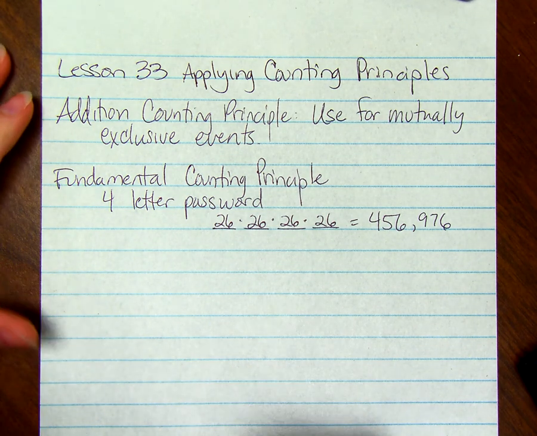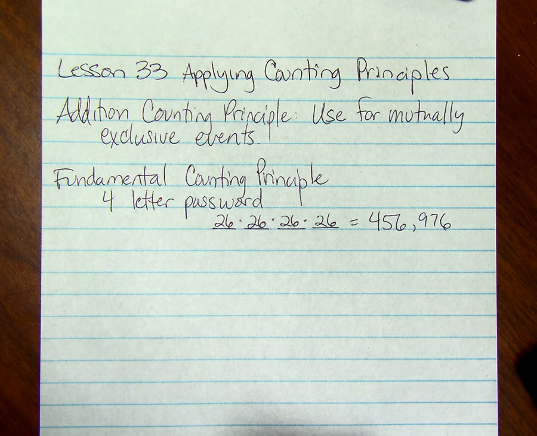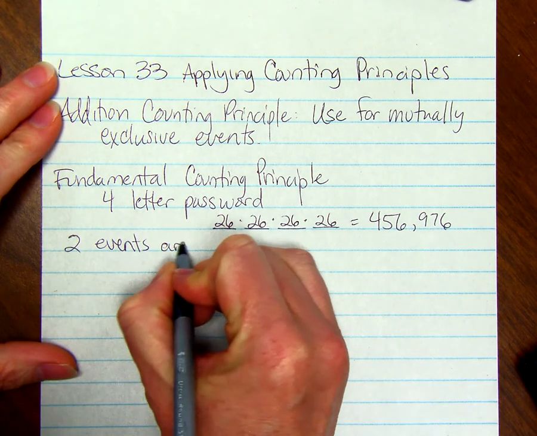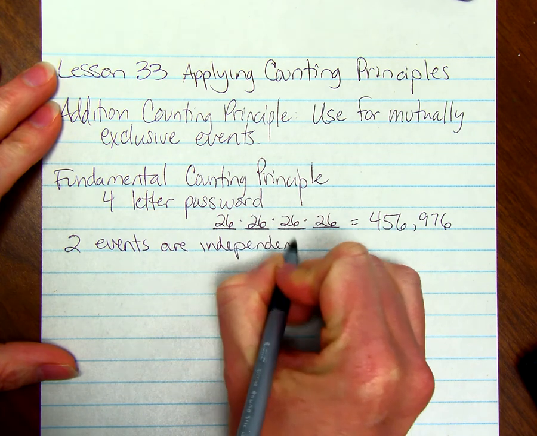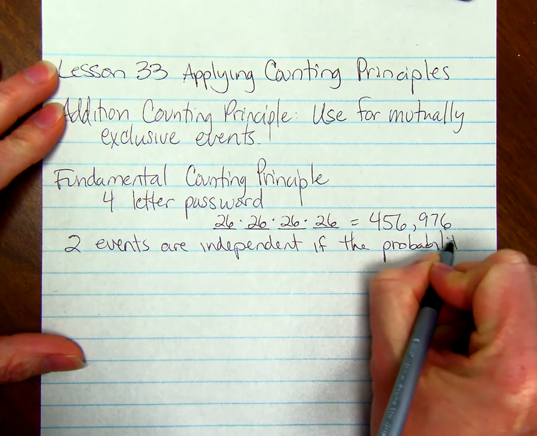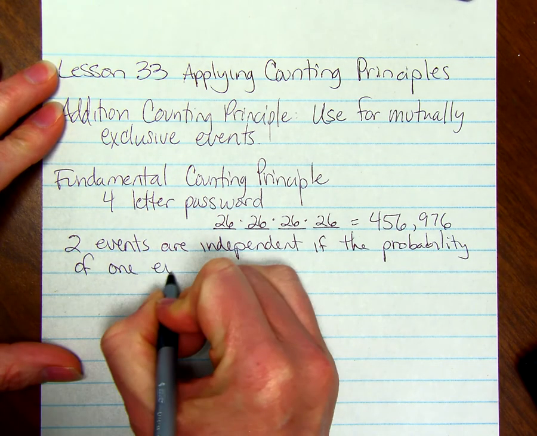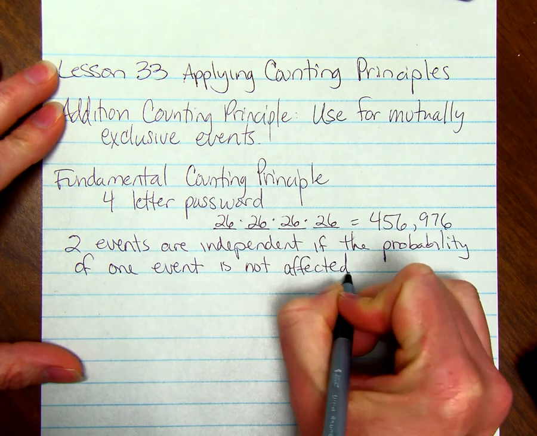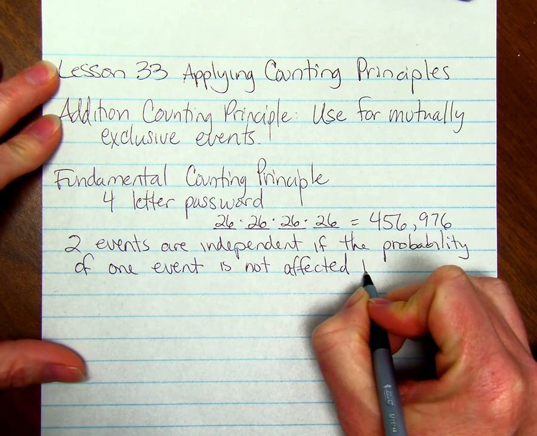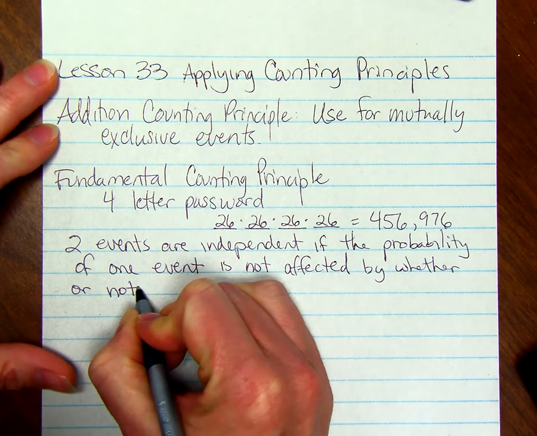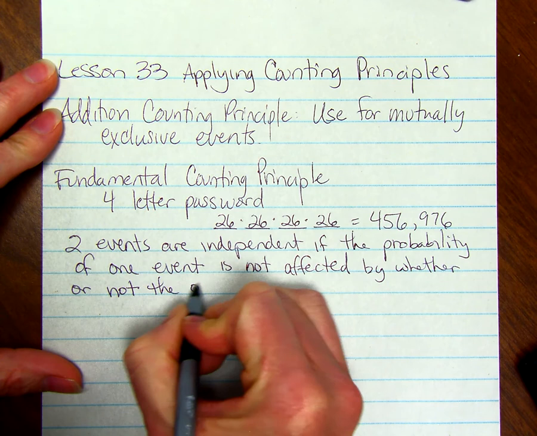Two events are independent if the probability of one event is not affected by whether or not the other event occurs.